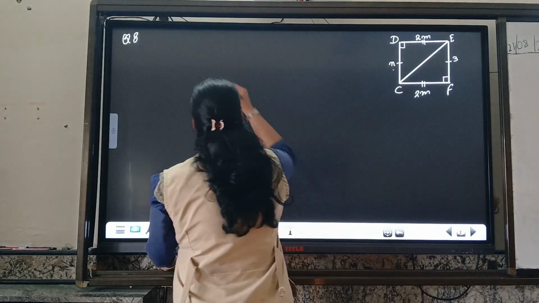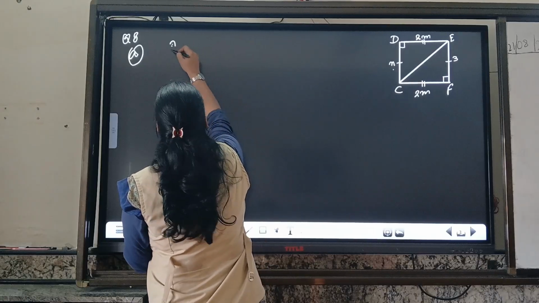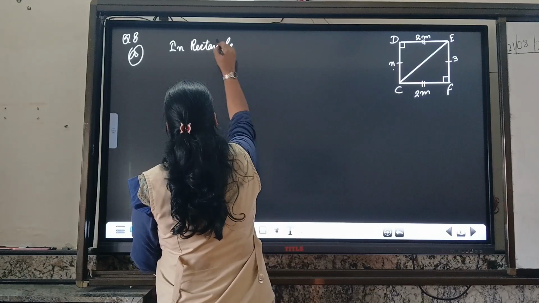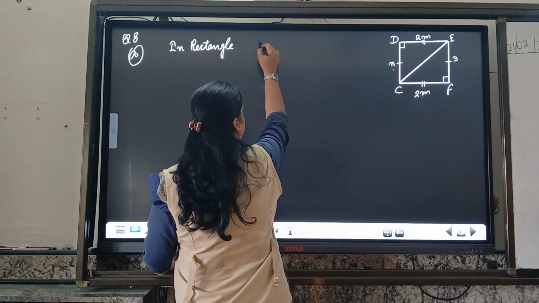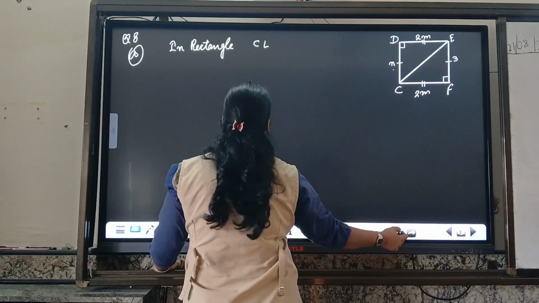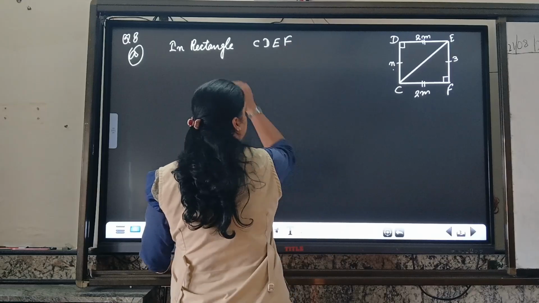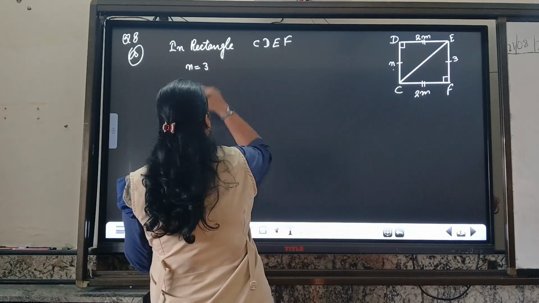So I am going to write: in rectangle, CD equals EF, n is equal to 3.